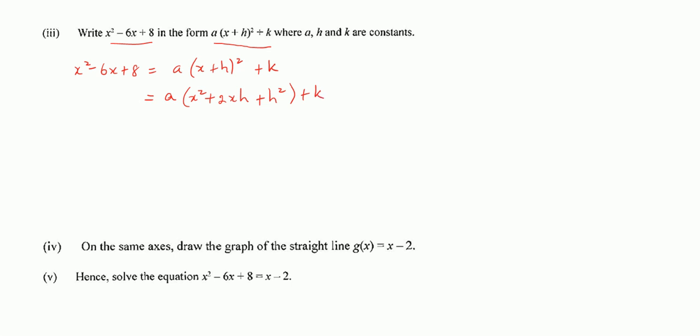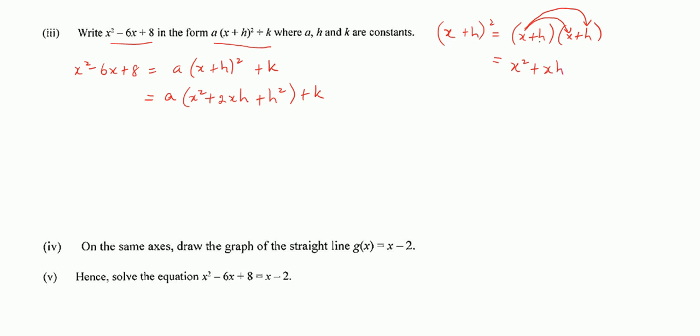Now some students will be confused as to what I did here, so let me show you on the side. x plus h squared is the same as saying x plus h multiplied by x plus h. Simple enough. When you have to multiply out two brackets, we take the first term and multiply by the first term. x by x gives x squared. Then the first term by the second term: x by h gives xh.